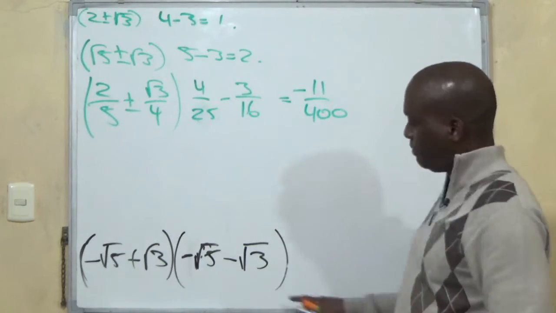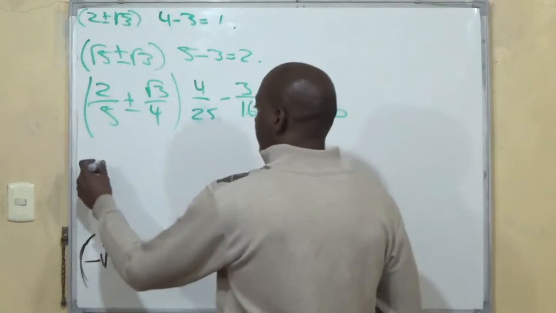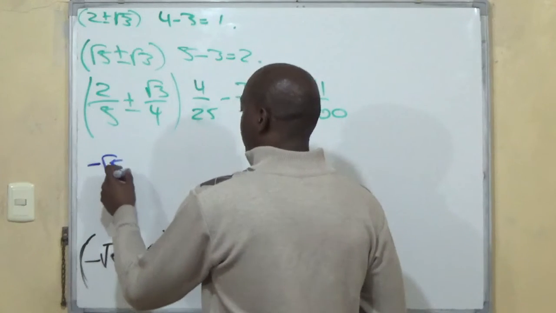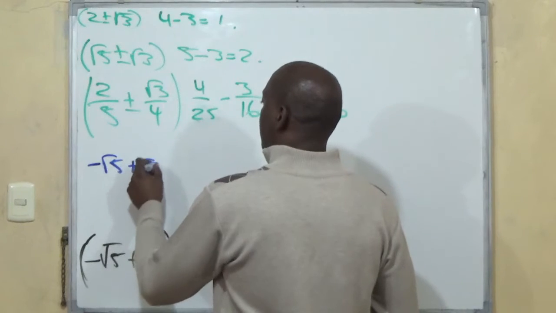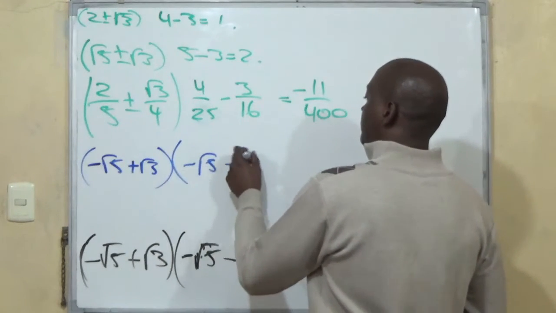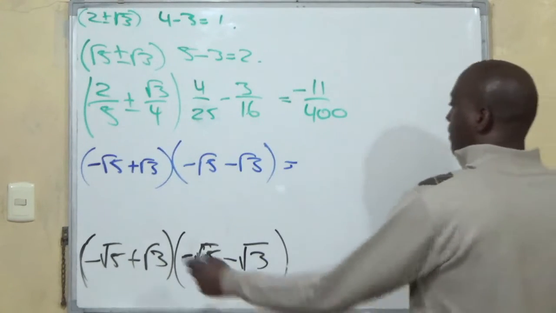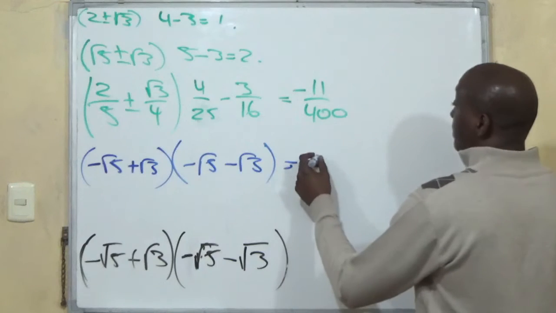Okay, how about this one now? We have minus root 5 plus root 3 in brackets by minus root 5 minus root 3. And that's equal to what? Minus root 5 by minus root 5 is plus 5.